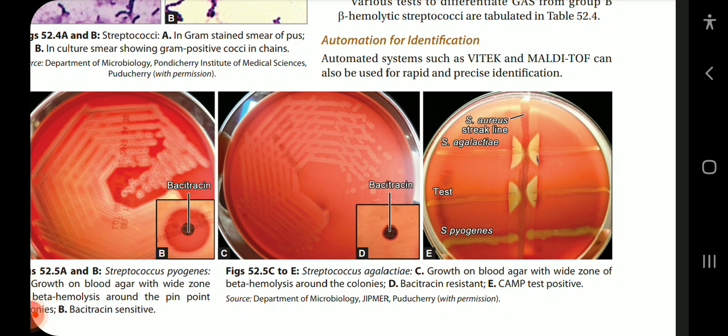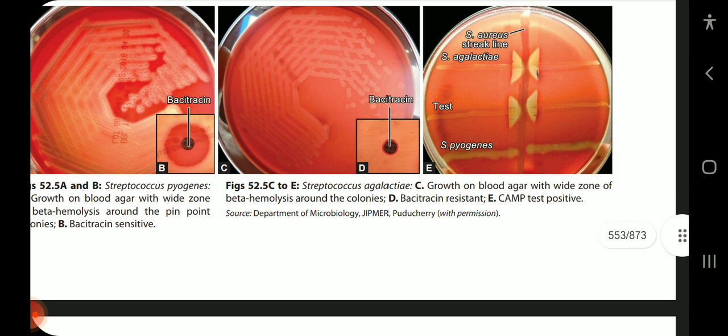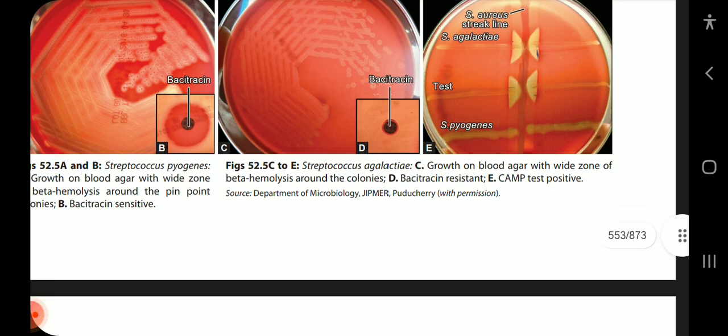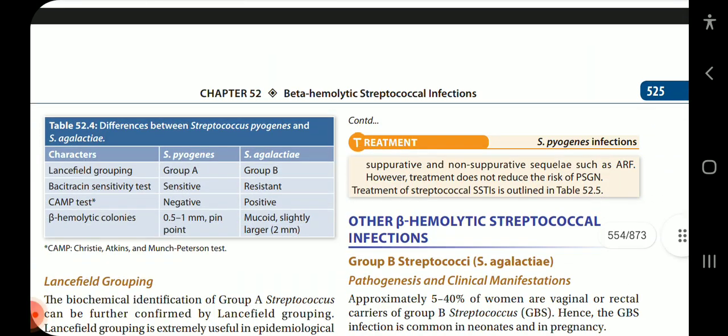D shows bacitracin resistance, and e shows CAMP test positive. In this, we see the Staphylococcus aureus streak line, Streptococcus agalactiae, and Streptococcus pyogenes streak lines we can appreciate.